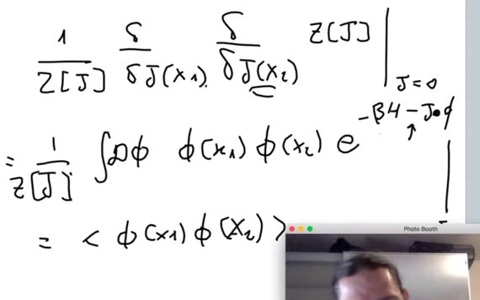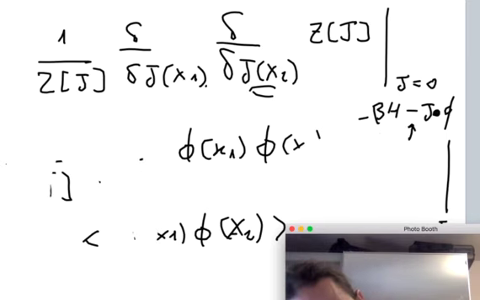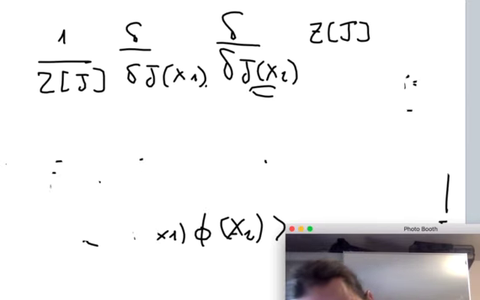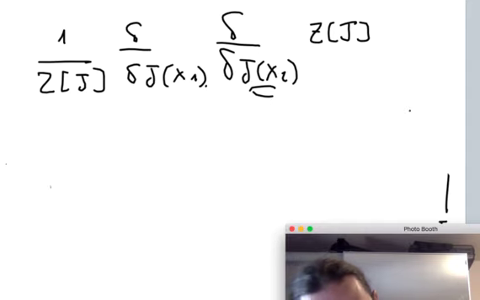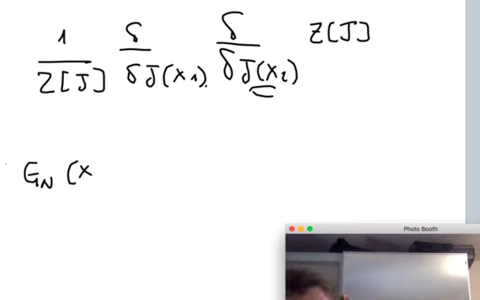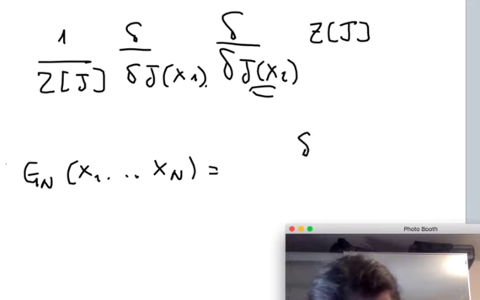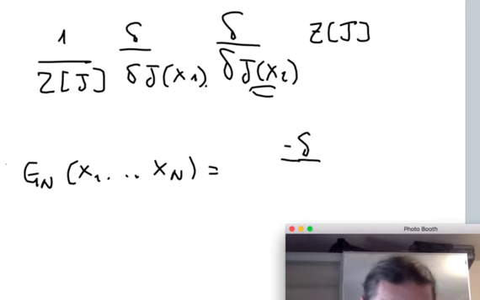Now, you can write this in a compact way. You can generalize this to the n-point function, saying that suppose you want the n-point function G_n of x1 through xn, then all you have to do is take n functional derivatives, each one with its own minus sign now, because there could be an odd number of them.